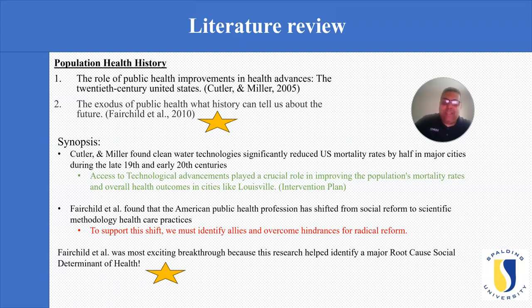We must identify allies and overcome hindrances from radical reform. I'm not going to go too deep into this, but Fairchild was the most exciting breakthrough of this research. It helped identify a major root cause of social determinants of health, and I'm excited to share that with you in just a little bit.